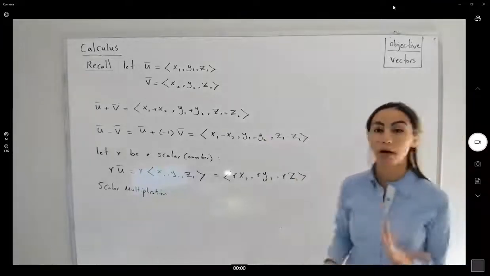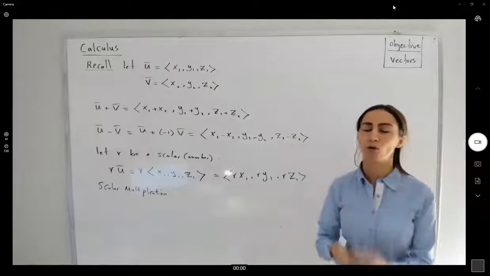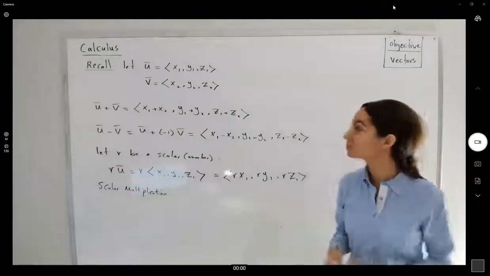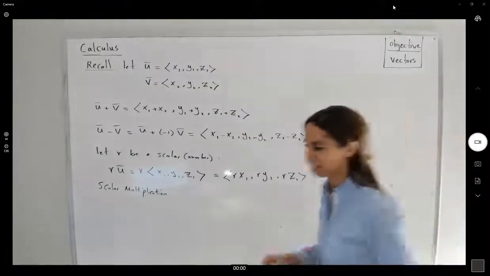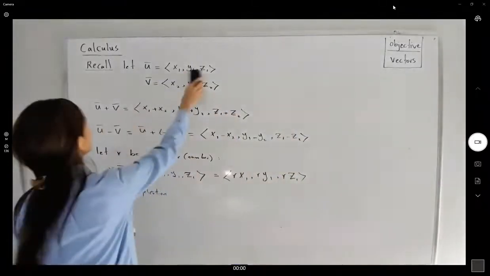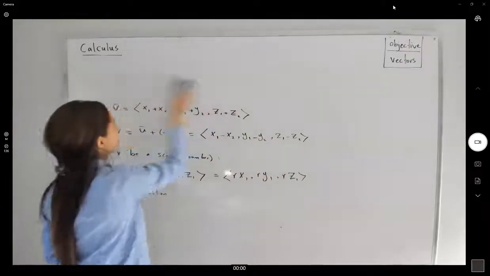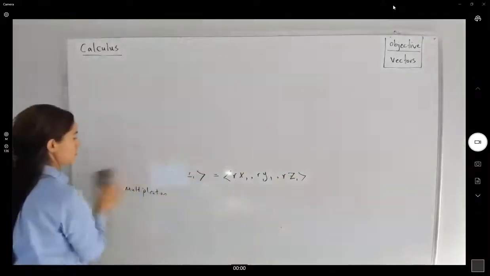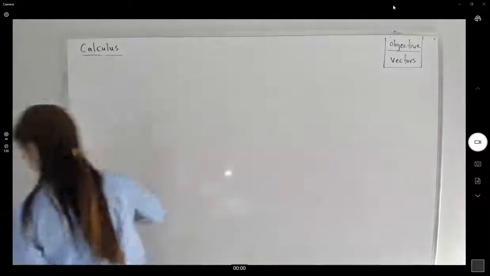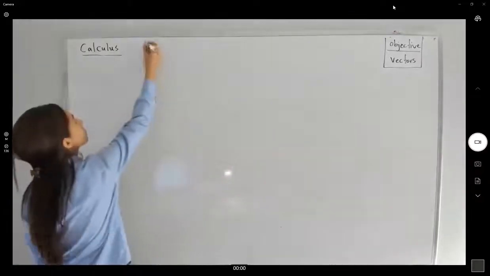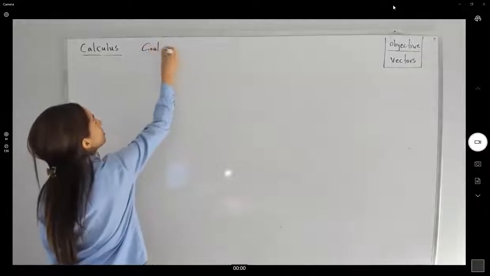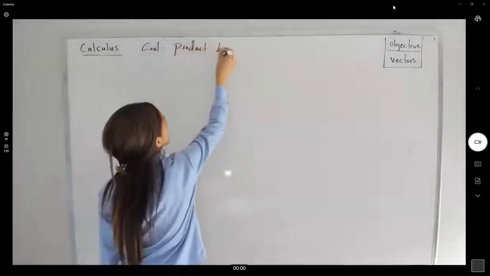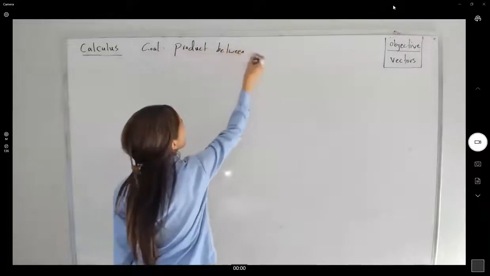Well, let's talk about multiplication or product between two vectors. So this is our goal today, to talk about different types of products between two or more vectors.